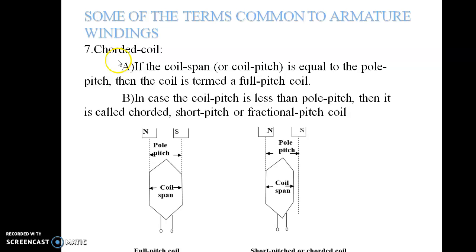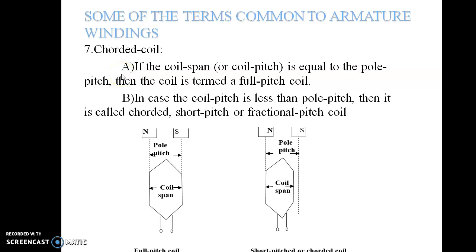Next, what do you mean by corded coil? This is very important, dear students. So, come to the first point. Let me tell you, according to the cording factor, there are two types of coil. One is your full pitch coil, another is your fractional pitch coil. Let us understand it very clearly.